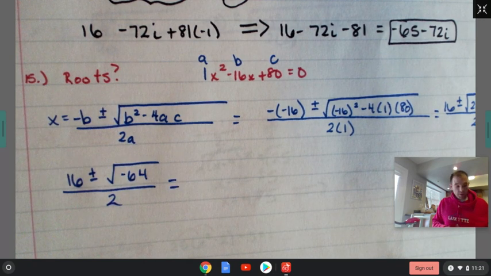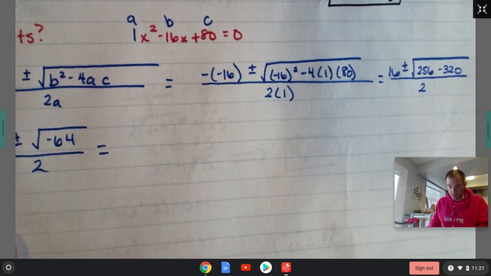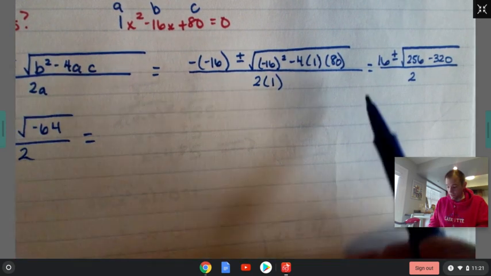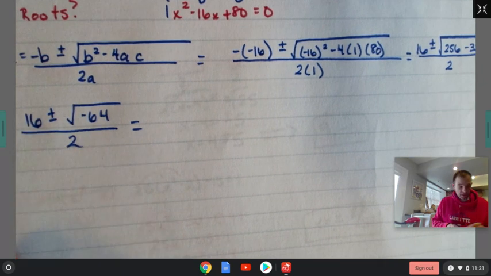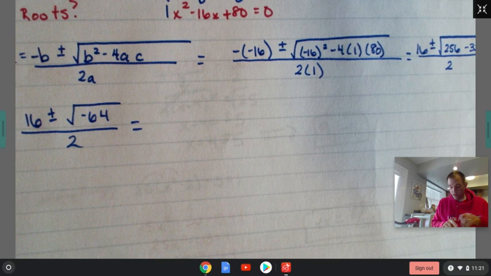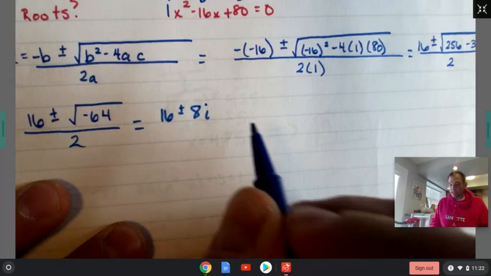And now we can keep going. So 256 minus 320, the square root of negative 64. Okay, this is where those imaginary numbers come into play. So the square root of negative 64 is plus or minus 8i. The square root of 64 is 8, but since it's negative, I have to put an i.